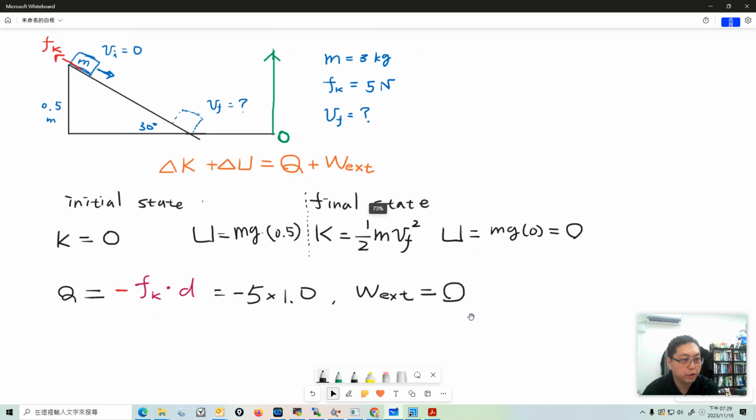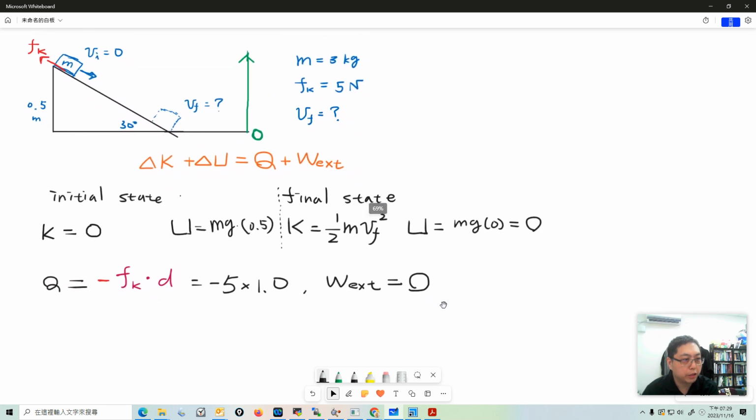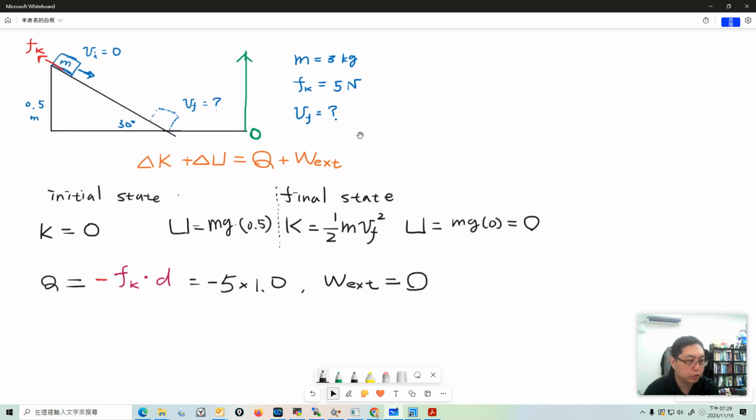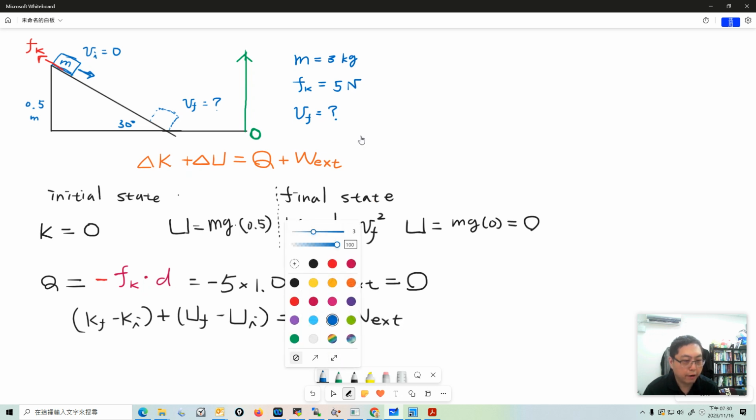So that's almost all the information, and we put it all in the energy conservation equation. The energy conservation equation is Kf minus Ki plus Uf minus Ui equals Q plus Wext. Let's put everything in there.